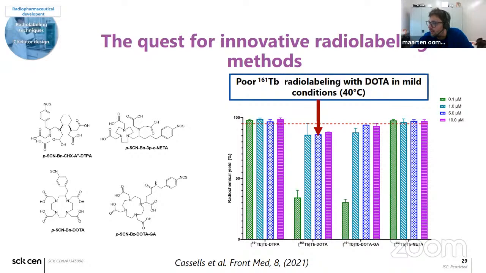Now, why is that 95% important? Because that's what we consider as stable and in good enough purity to inject as such in the patient. So if we don't reach that 95%, we have to add a purification step where you might lose a lot of your radioactivity in filters or in cartridges. So that's not really what we want. So ideally, we want quantitative yield.